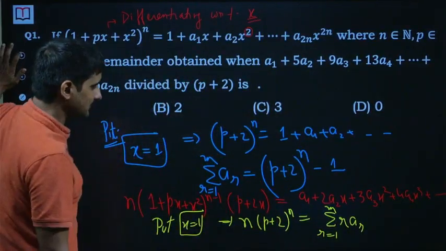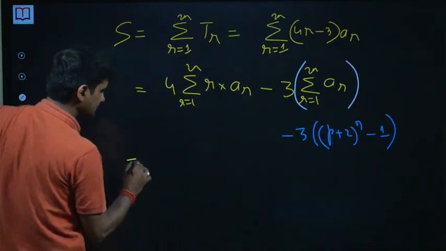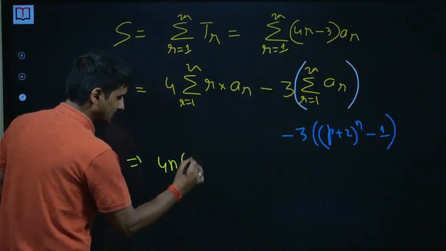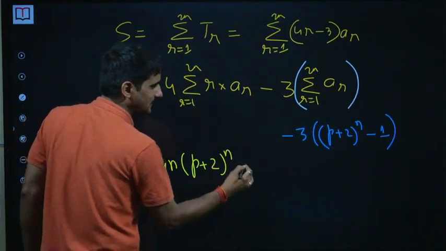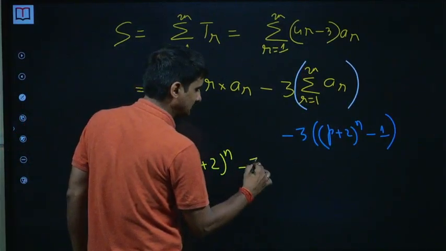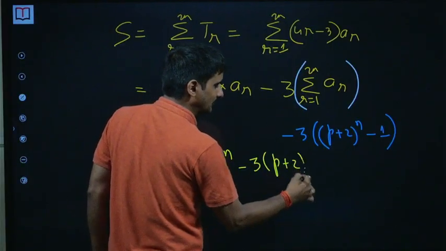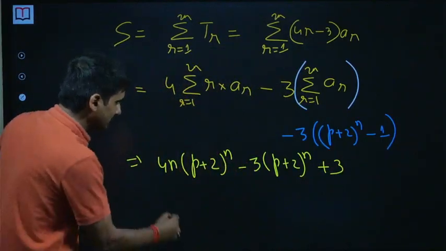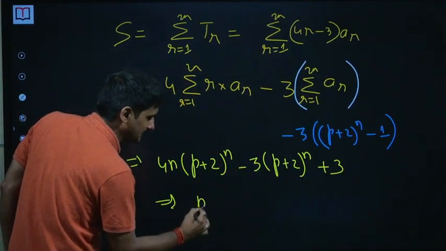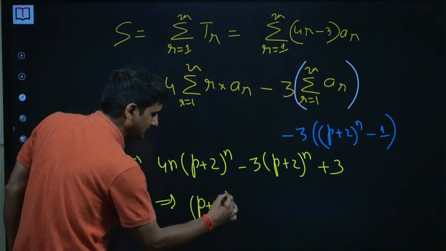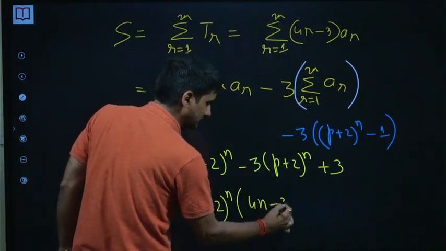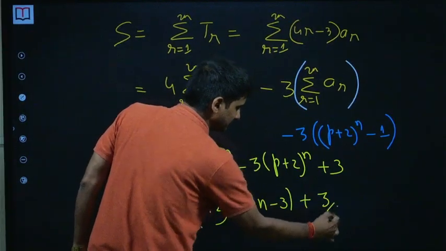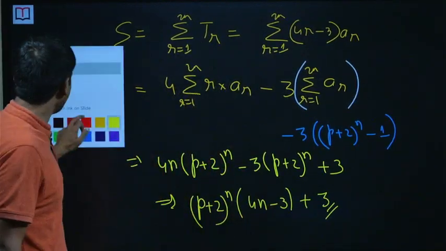So now putting this value here, we get 4n(p+2)^n - 3(p+2)^n + 3 here. If I take (p+2)^n common, it's (4n - 3)(p+2)^n + 3.